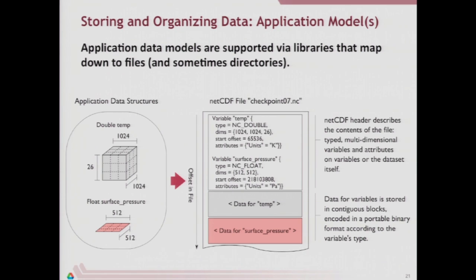It provides maybe not exactly the model that any given application is looking for, but it's certainly, I hope, a more convenient model than, okay, which bytes did I put where in this file? These models also capture information like variable names and attributes on those, like units. So if you're working on a Mars lander, you can make sure that you're working in meters and not feet, things like that.